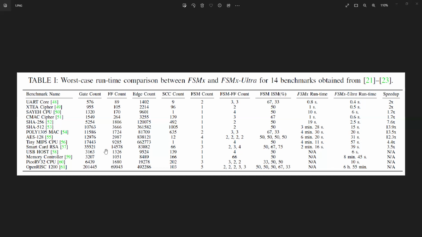And this gate count and flip-flop count, that is basically all the sequential cell count that you may have in a certain design. All of these reports you can obtain from Design Compiler or Cadence Genus. The edge count is the number of edges that a certain graph may have.